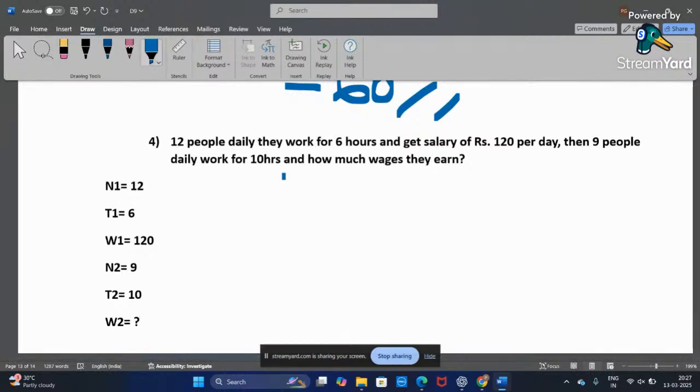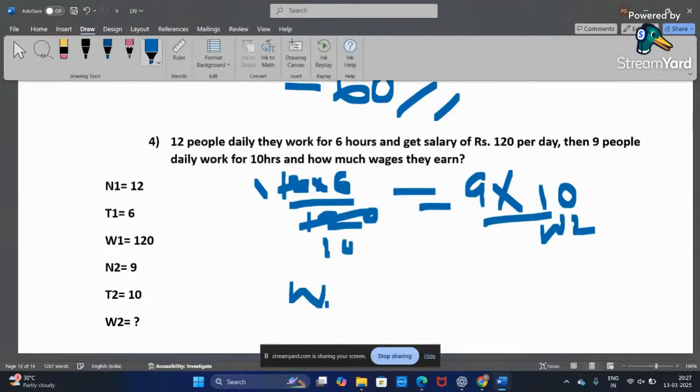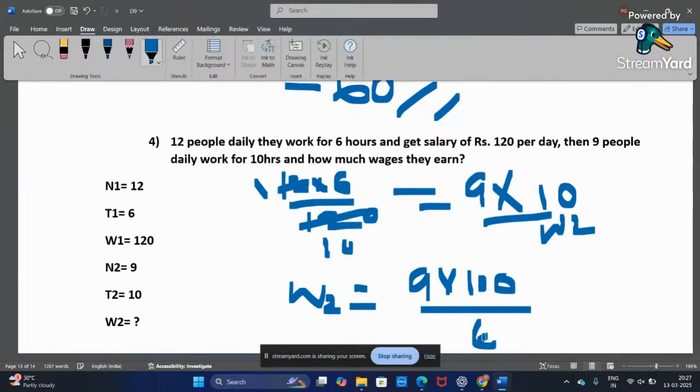Just substitute the values. 12 into 6 divided by 120, right, equals 9 into 10 by W2. We need to find the W2 value. So it is 9 into 100 divided by 6.